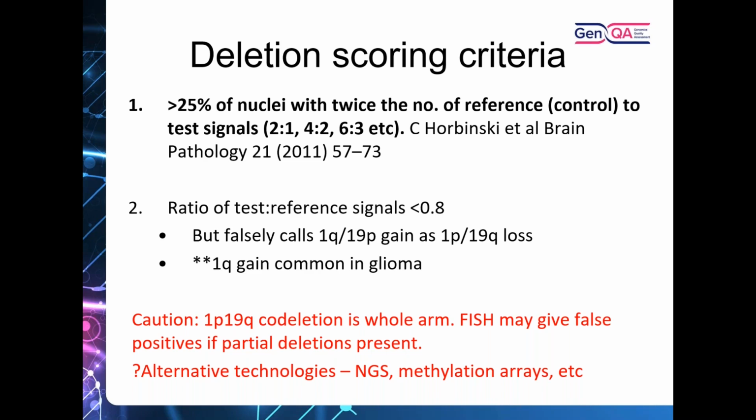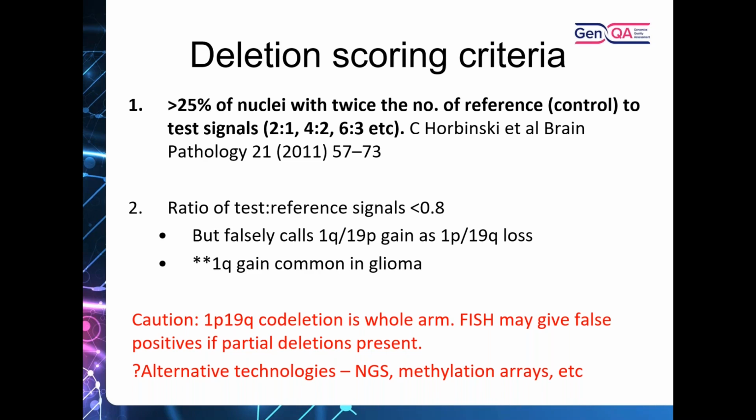So certainly in our laboratory, we adapted the Horbinsky paper from quite a number of years ago now, looking at more than 25% of nuclei with this 1 to 2, 2 to 4, 3 to 6 signal combination to call out a deleted case for oligodendroglioma. Usually you get far more cells than 25%, but there are occasions when, if it's a more diffuse tumour type, it can be more challenging, so you do need defined cutoffs there.